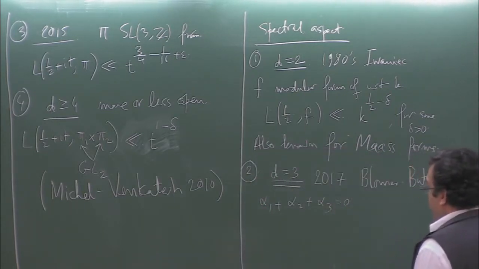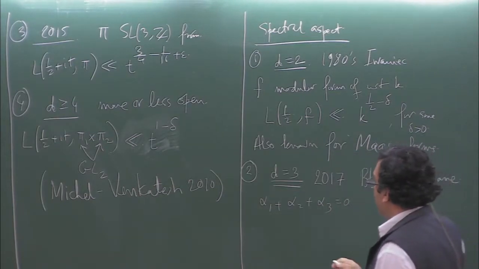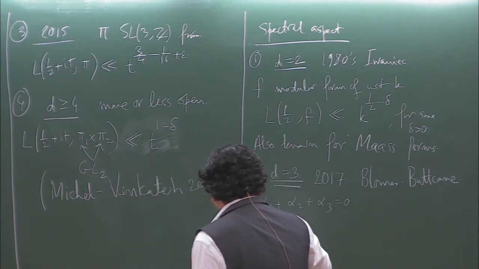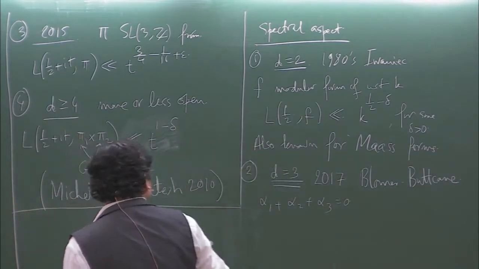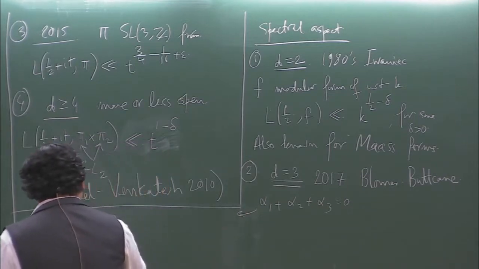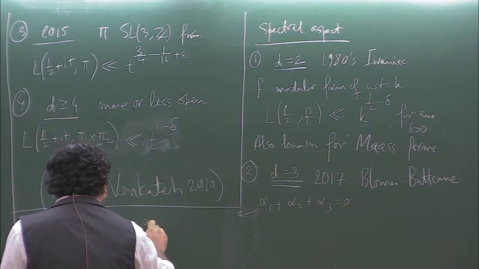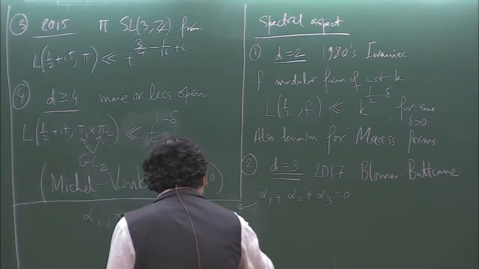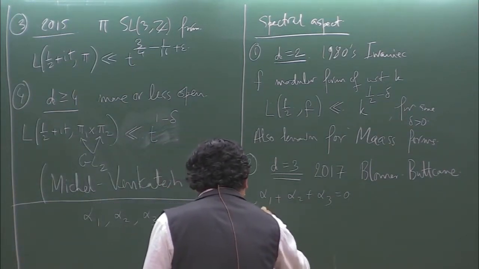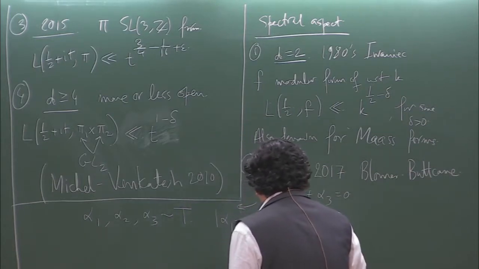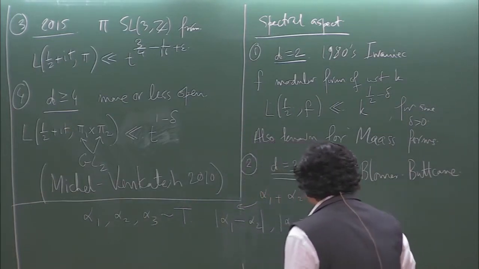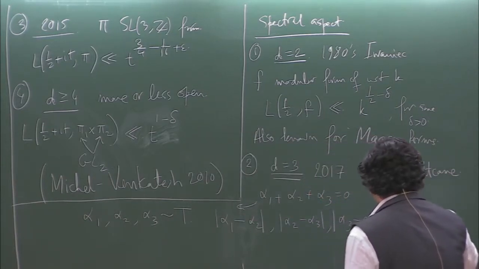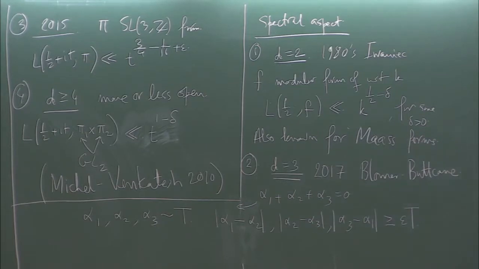And if you put some conditions, so you want them to be in generic position. So you want all of them going to infinity. So you want alpha 1, alpha 2, alpha 3 to be all of size capital T. And you also want their distances to be quite large, say bounded below by some epsilon times T. Okay?